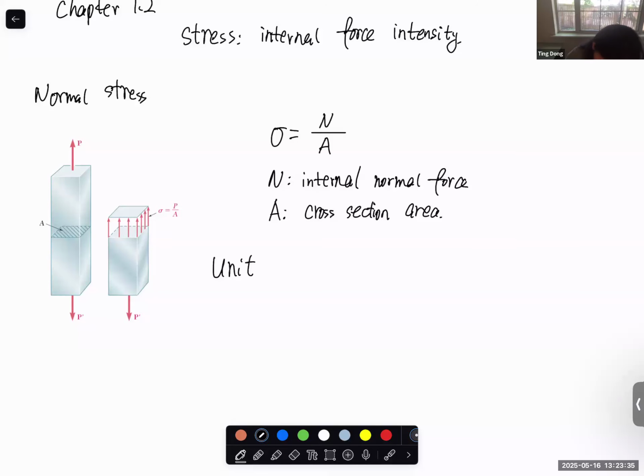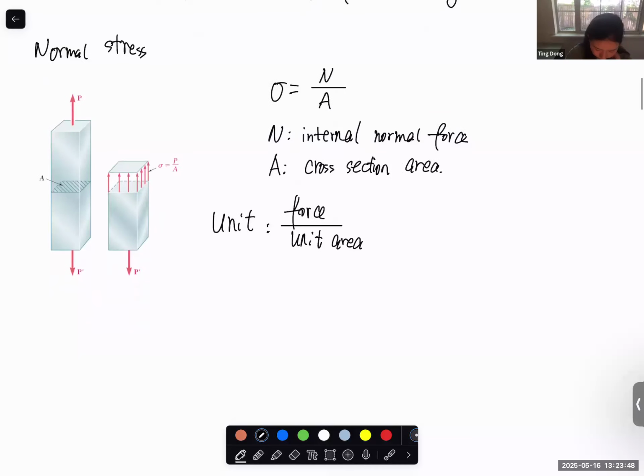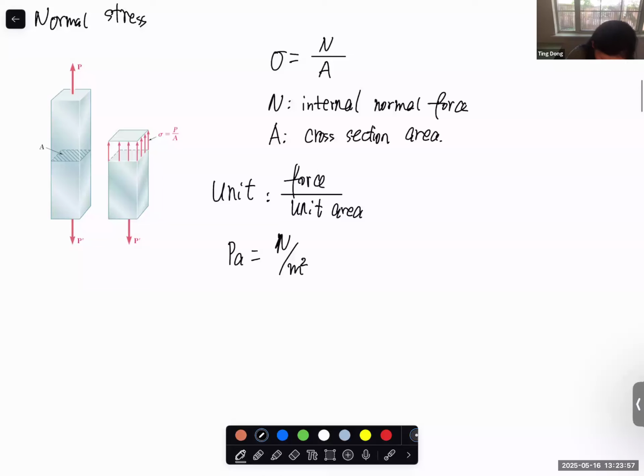if you use the SI unit, we have Newton per meter square, which is given as Pascal, and of course, this is a very small number.